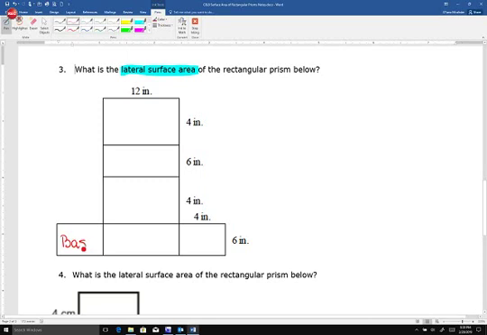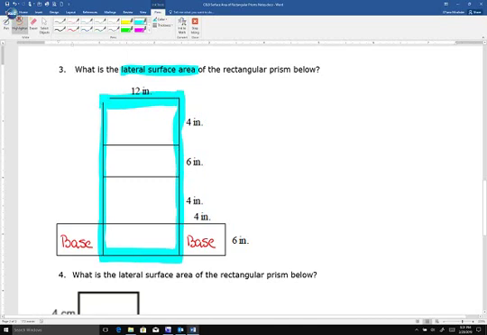I'm going to make these the bases. And I'm going to highlight the big rectangle in the center so we know that this is just the lateral surface area. Again, I like to find the length going all the way across.